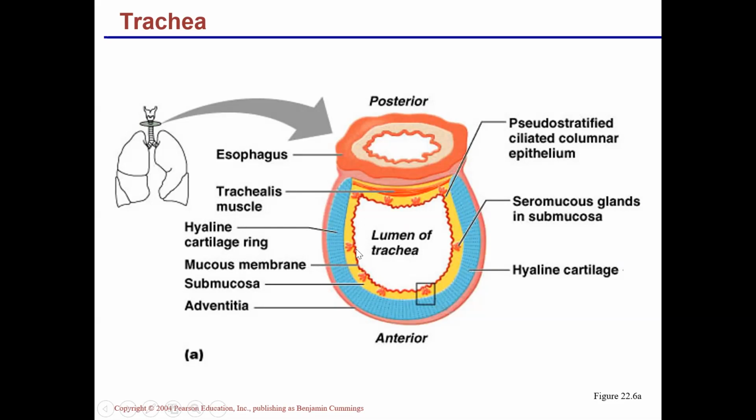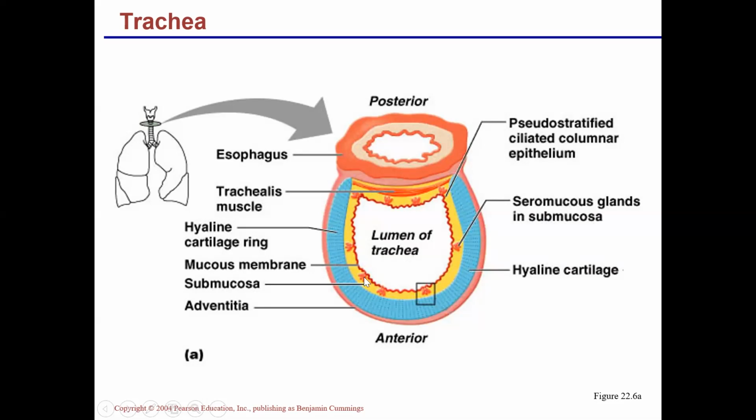This little structure right here is the extension from this mucosal lining and differentiated to make glands, because these glands are in the submucosa right here. So it is called a submucosal gland, also called the seromucosal glands.